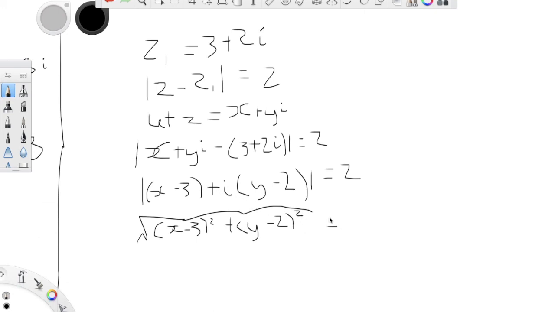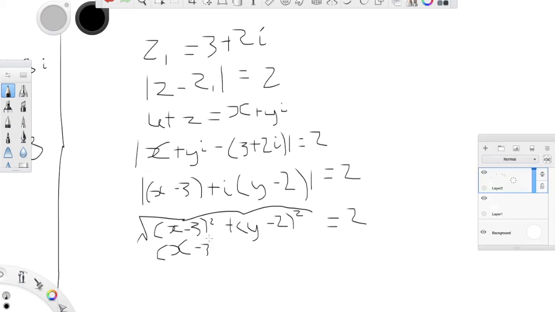Now we can square both sides. That will get rid of the square root and make the right side 4. So we now have x minus 3 squared plus y minus 2 squared equals 4.